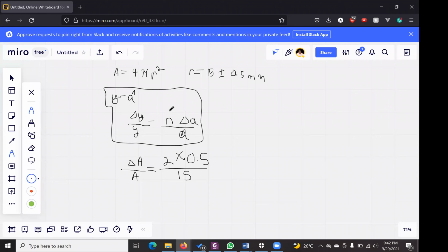So using the same 4 pi r squared, your 2 is your power, which is n, so that comes to the front. They gave us the error here, 0.5, and they gave us the actual value, 15. Everybody seeing that? Sorry about that. Is there anybody that has any doubts with that?